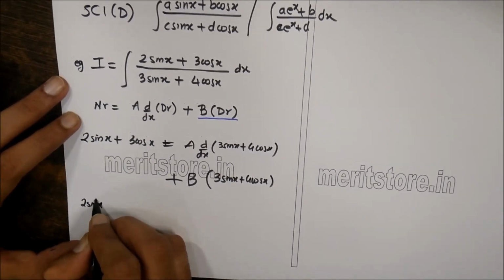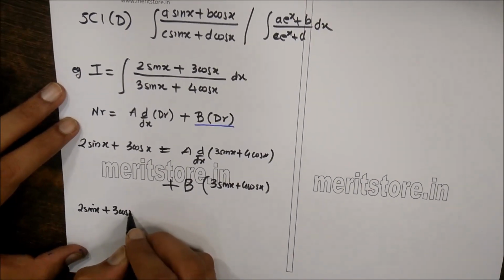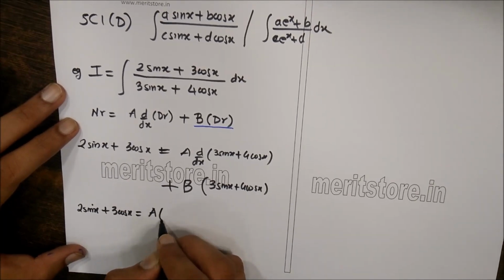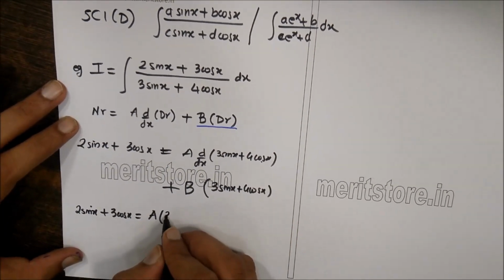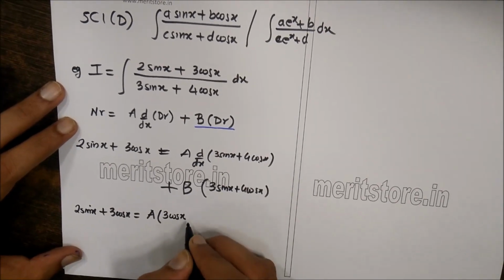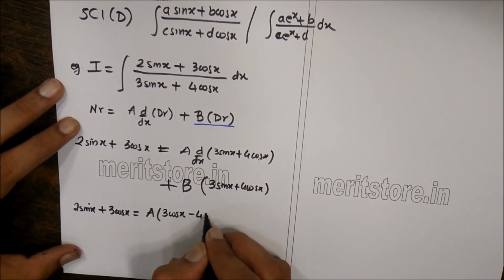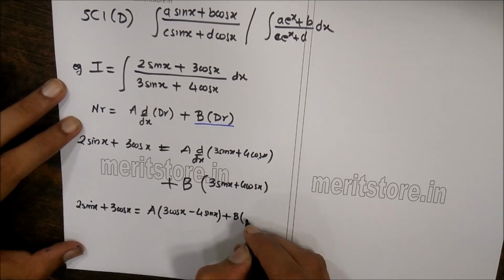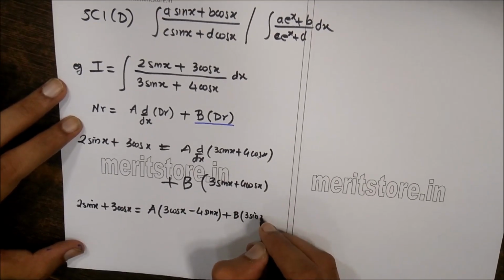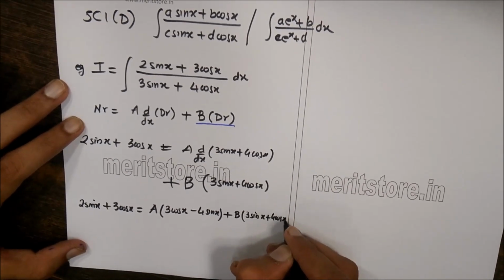2 sin x plus 3 cos x is equal to a brackets. When I take the derivative of 3 sin x plus 4 cos x, my answer is 3 cos x minus 4 sin x, plus b, there would be no change in the denominator. This would be 3 sin x plus 4 cos x.